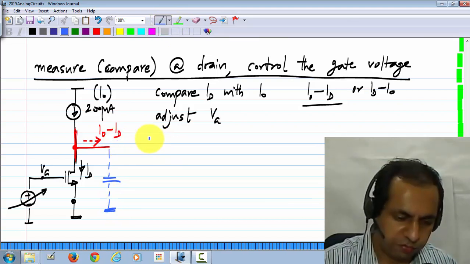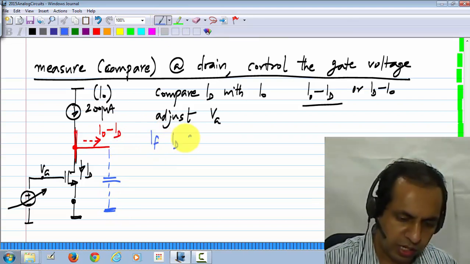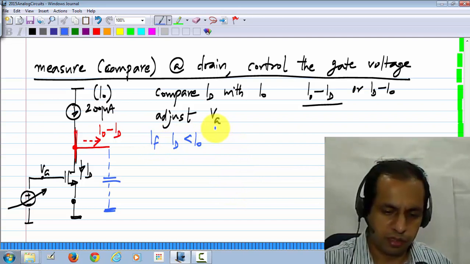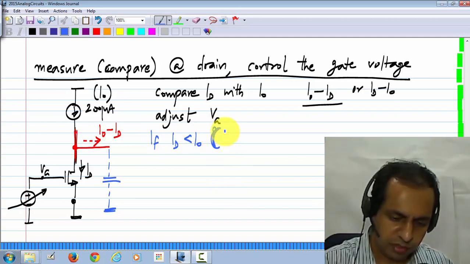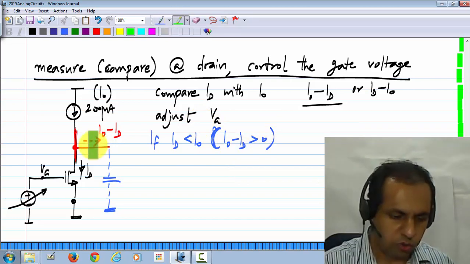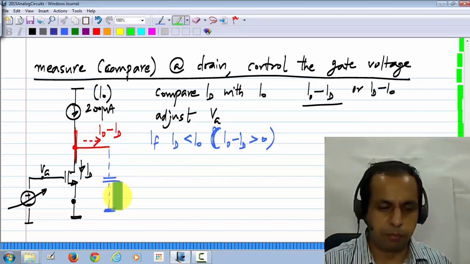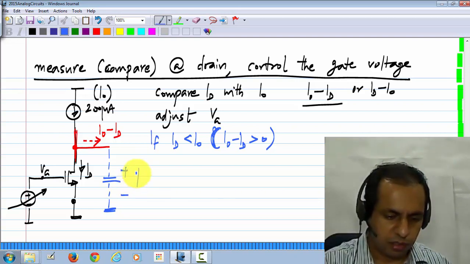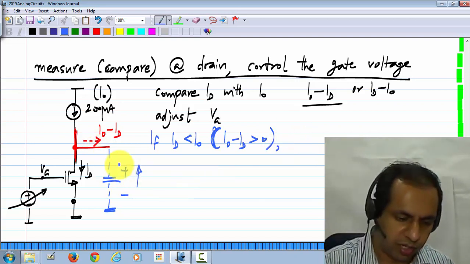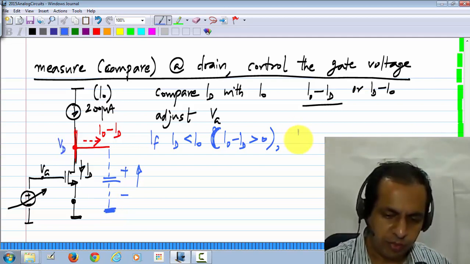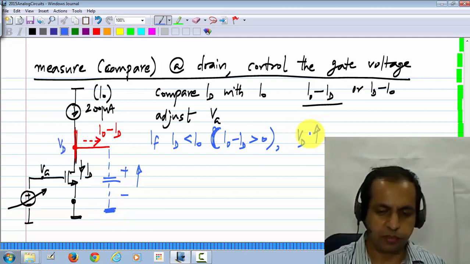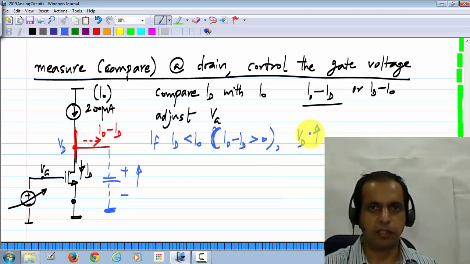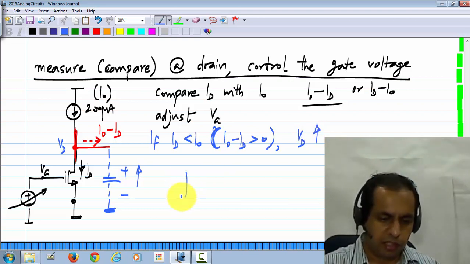It's very clear. If ID is smaller than I naught, this means that I naught minus ID is more than 0. So current is being pumped into this capacitor. The voltage across this capacitor goes up. And what does it mean? This is ground, this is the drain voltage VD, the drain voltage VD increases. Again, this is basic behavior of the capacitor.